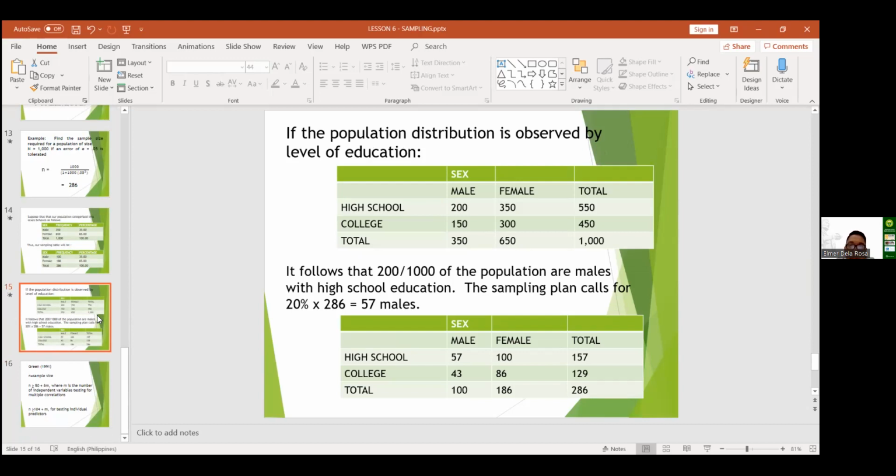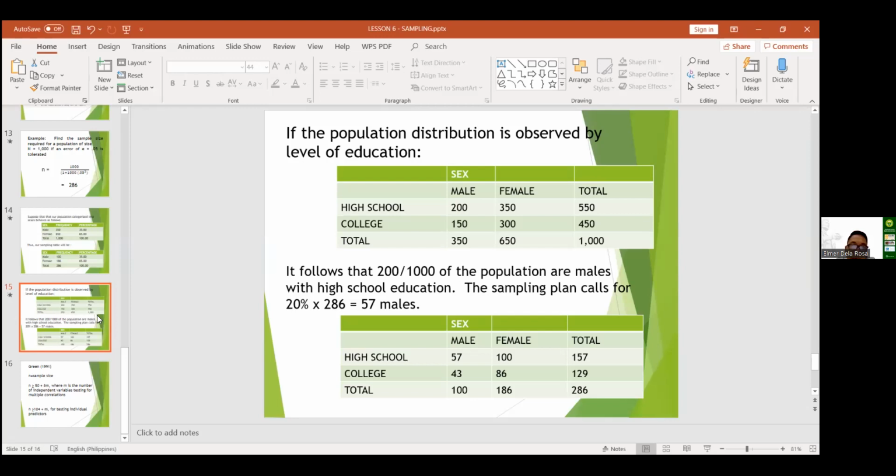Ang unang table ay population. 1,000 ang population divided into 350 male and 650 female. Sa 350 na male, 200 ang high school dito, 150 ang college. 350 dito sa 650 females ay high school, at yung natitirang 300 ay college.